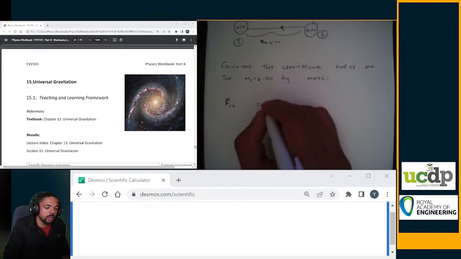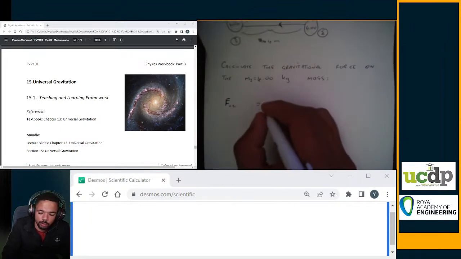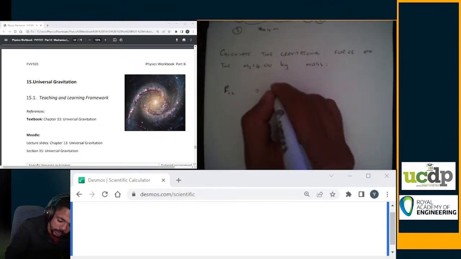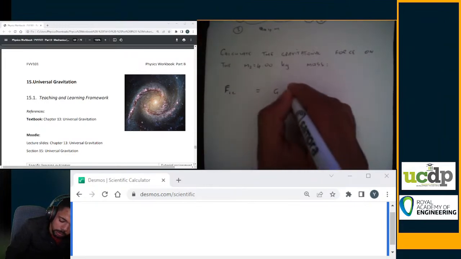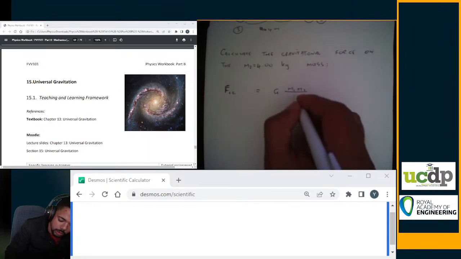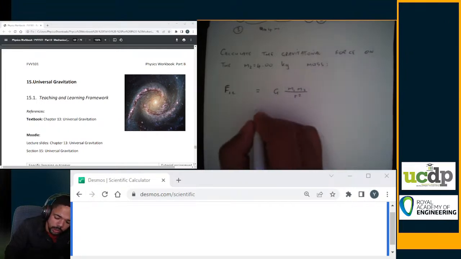Okay, we are asked to calculate the net force on sphere 2. So the force that sphere 1 has on 2 is equal to G multiplied by the mass of 1 multiplied by the mass of 2 divided by the distance between them squared.